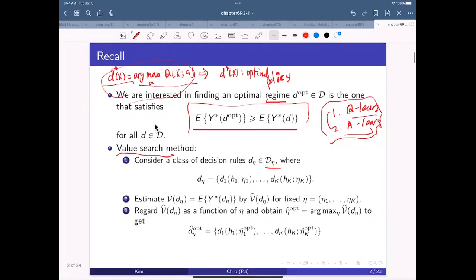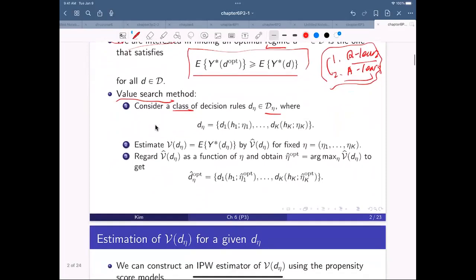Step one is to consider a class of decision rules, and then step two is to estimate the value in terms of the parameter, and then optimize the value. So estimate the value with respect to eta. That is basically the idea.